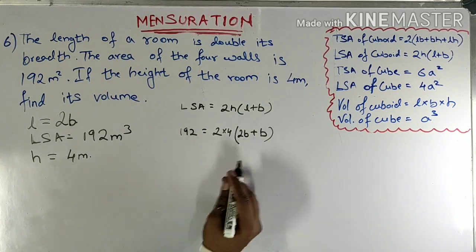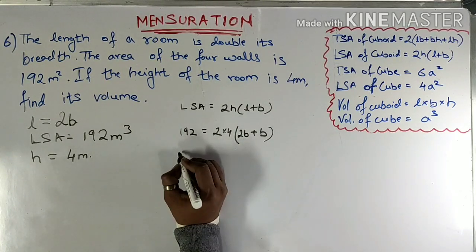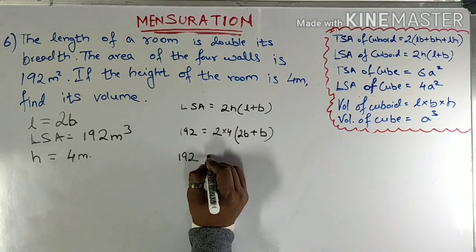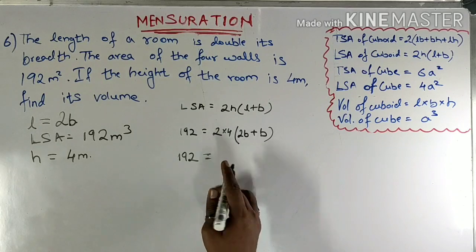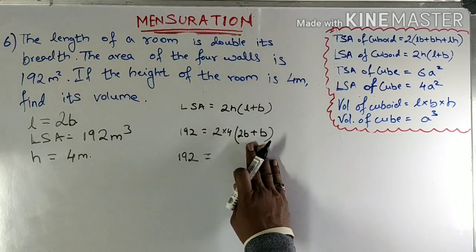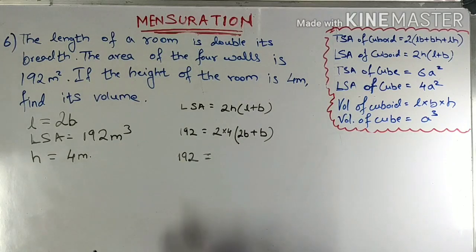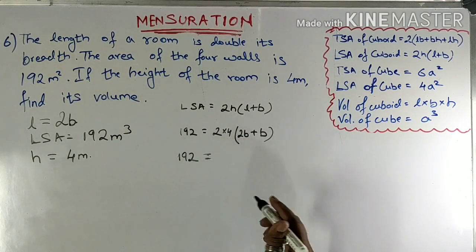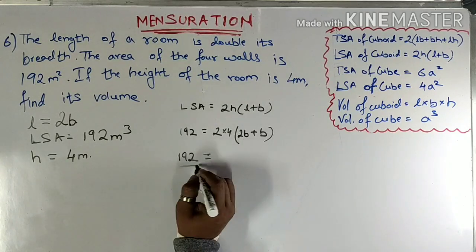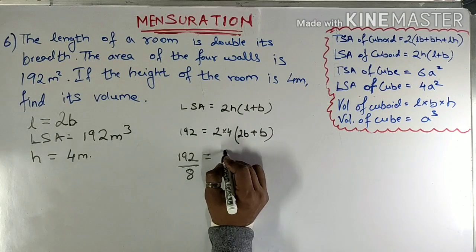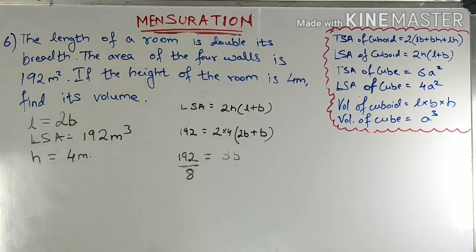Now simplifying this, 2 into 4 is 8. I always want to have unknown variables on one side and known ones on the other, so if this 8 is multiplied over here, I'll have to divide both the sides, and 8 comes into the denominator over here, and 2b plus b is nothing but 3b.